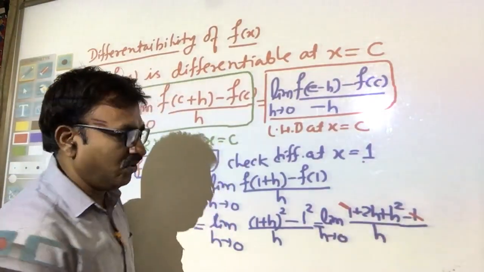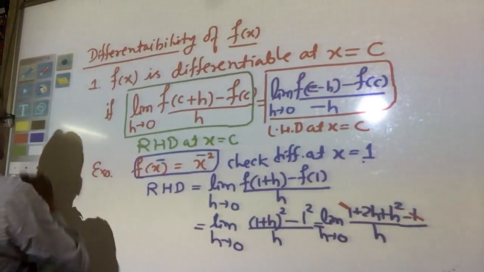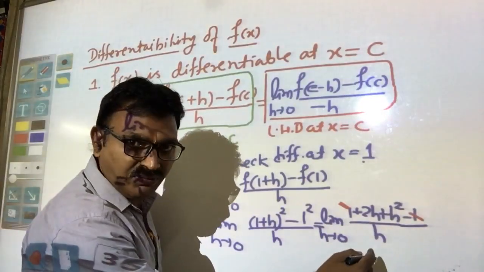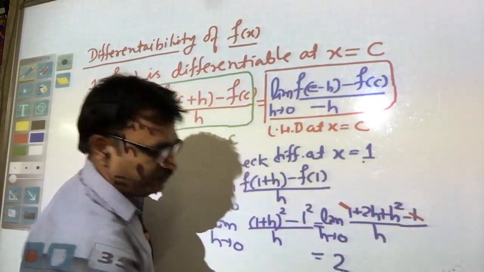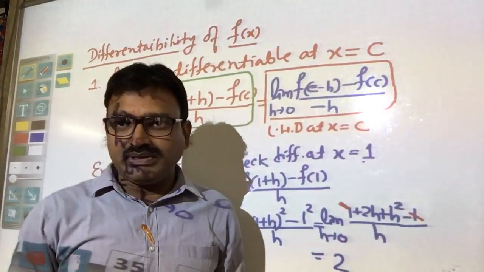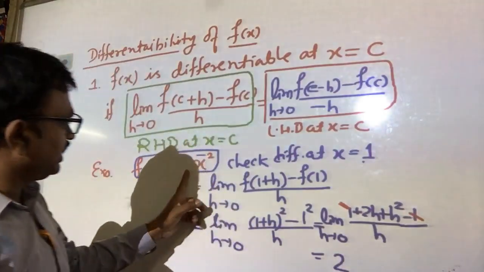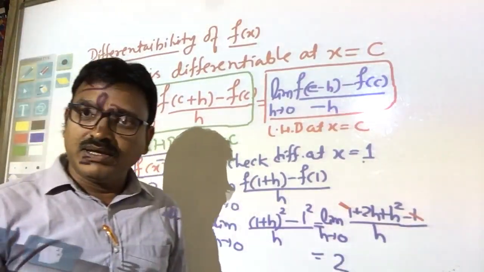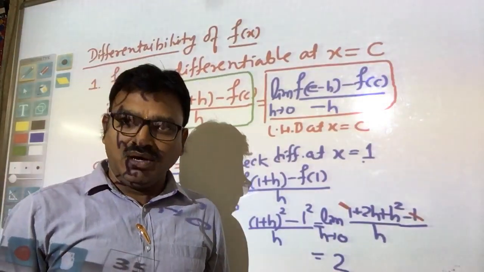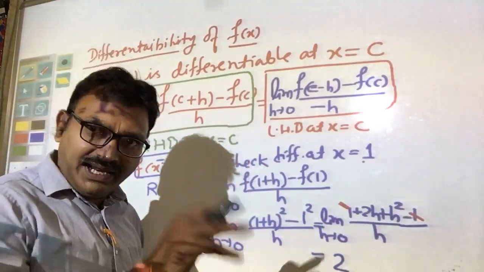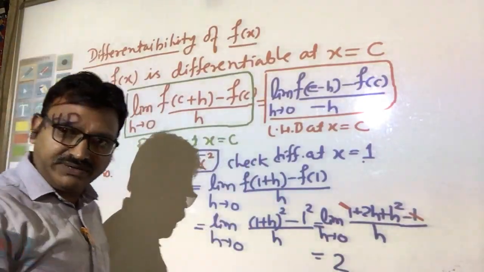When we take h common, h is removed from the denominator and the answer is 2. So the right hand derivative is 2 at the point x equal to 1 for the function x square. Is it clear, students?